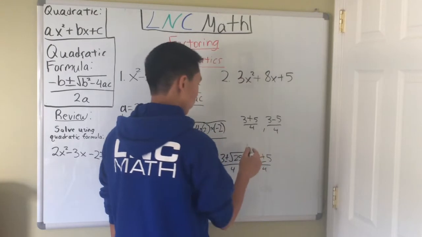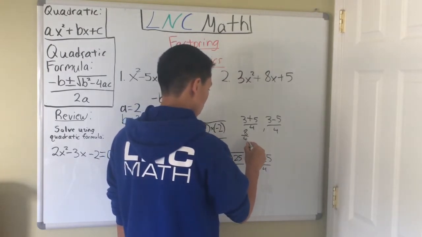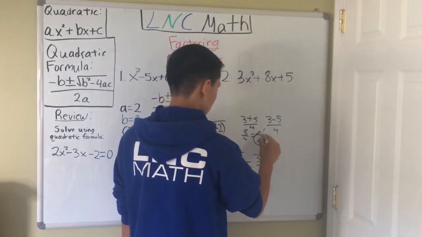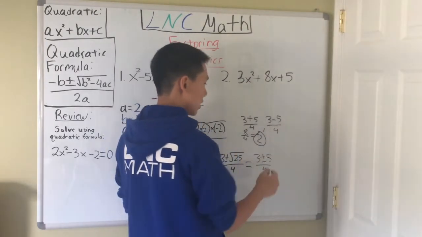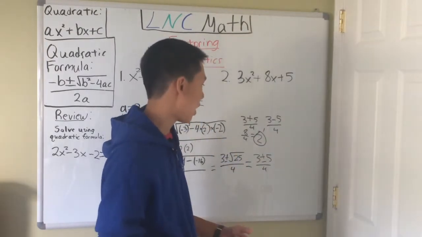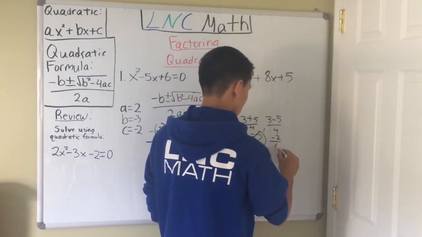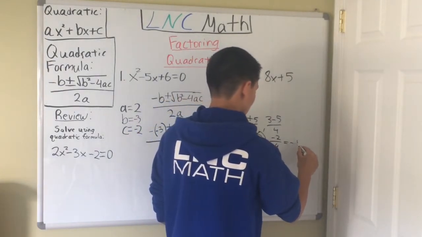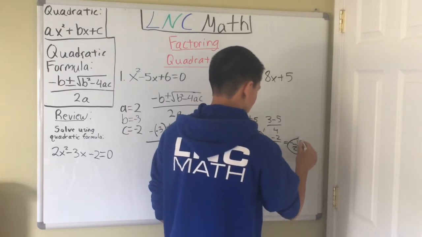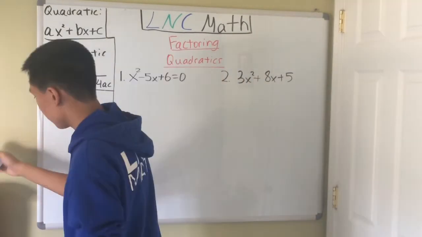So 3 plus 5 over 4 is 8 over 4 equals 2. And 3 minus 5 is negative 2, over 4, which is 2 over 4, equal to a negative 1/2. So those are our two solutions.